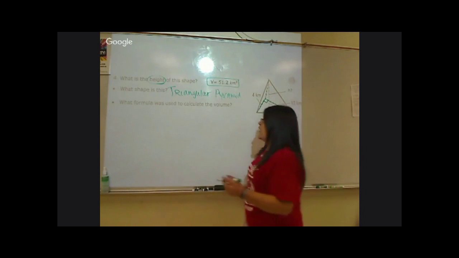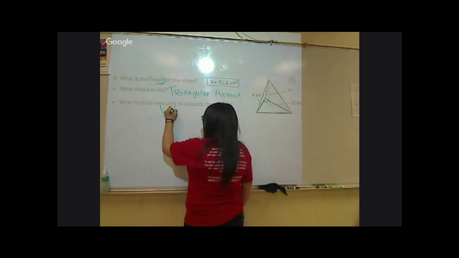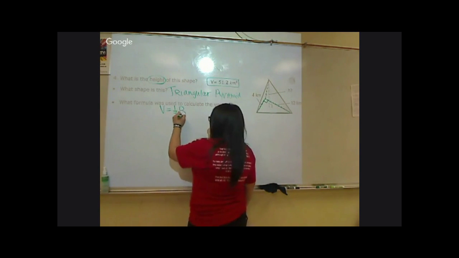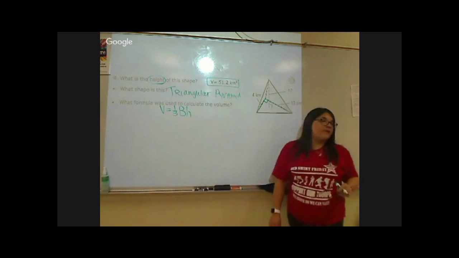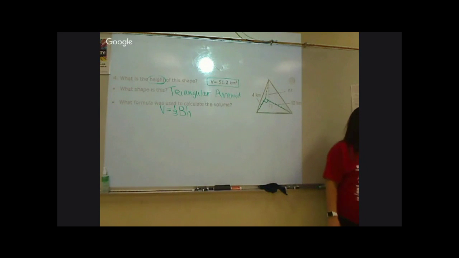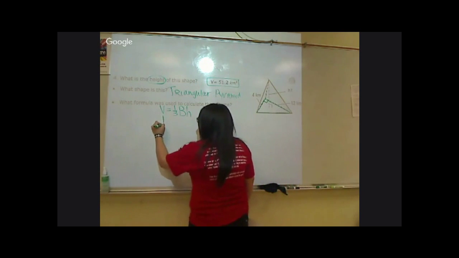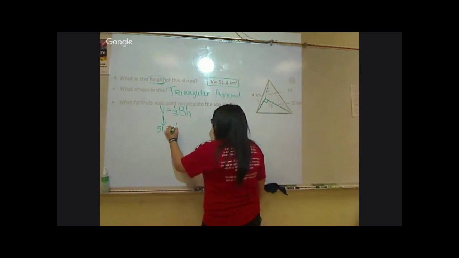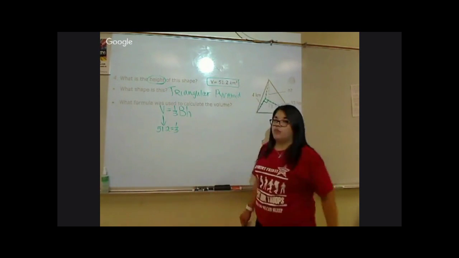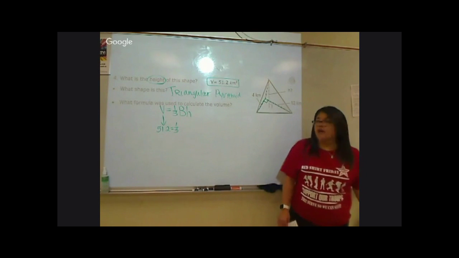Now, even though it's a triangular pyramid, our volume for pyramid formula is still the same. We still do that 1/3 of the area of our base times our height. So let's start plugging in what we know. We know the volume is 51.2, and that's going to be equal to 1/3 of the area of our base.